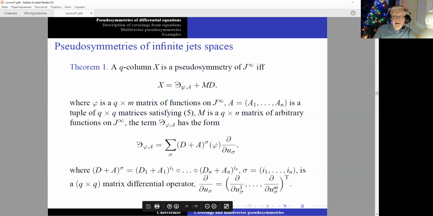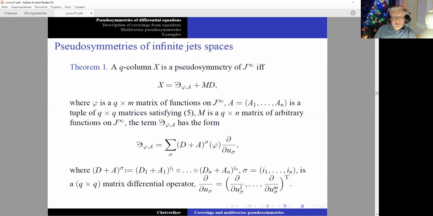Where phi A is a vector field, the column vector field of this form. M is a matrix of functions.